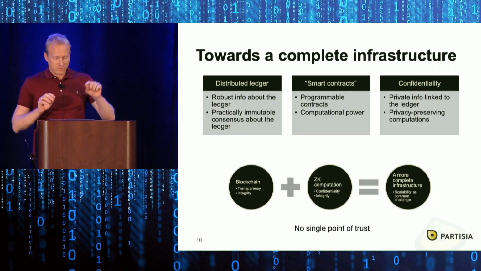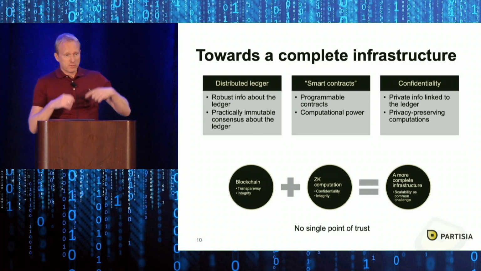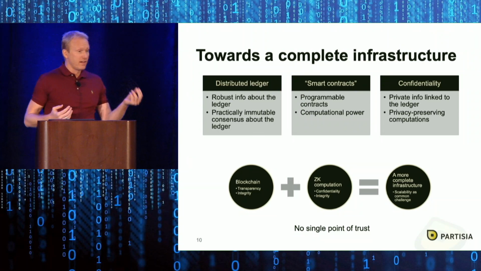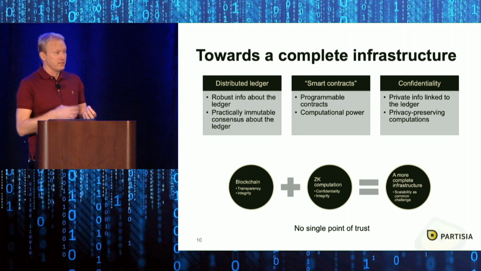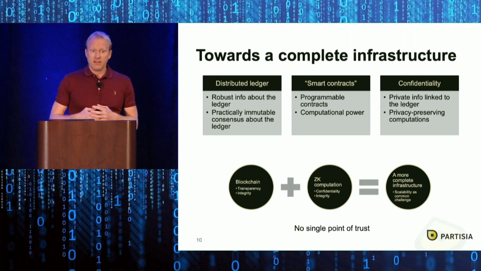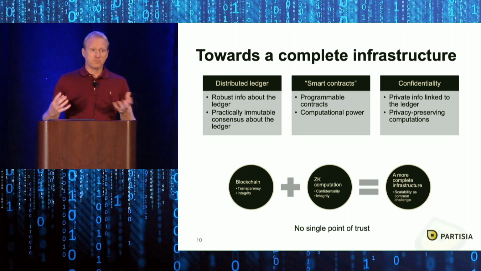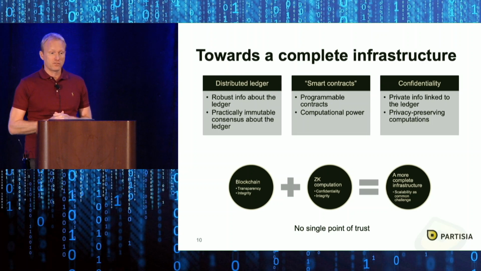So going back to that infrastructure, from our perspective, it's basically three things: you have the ledger, you have the smart contracts, and you have the privacy measures, which is basically what you would need to solve a number of problems.